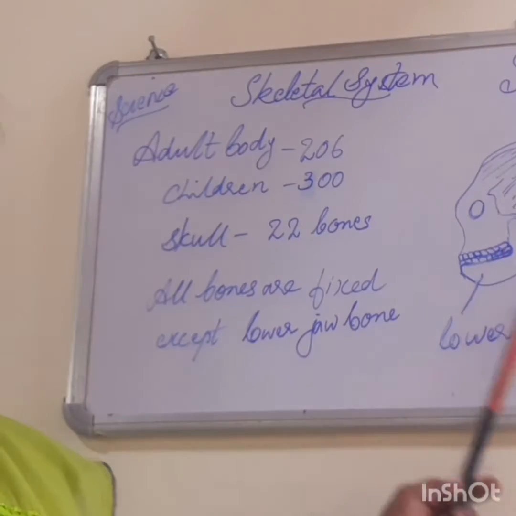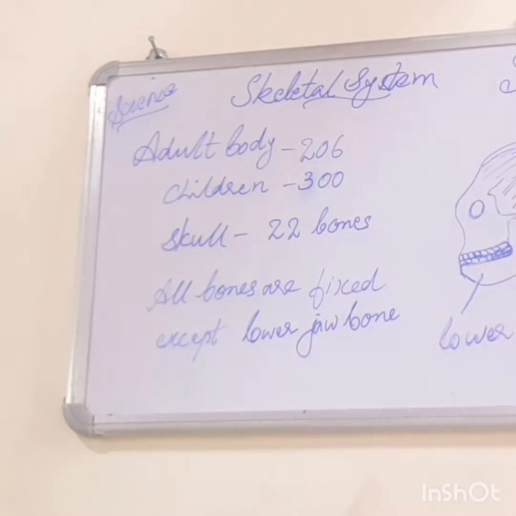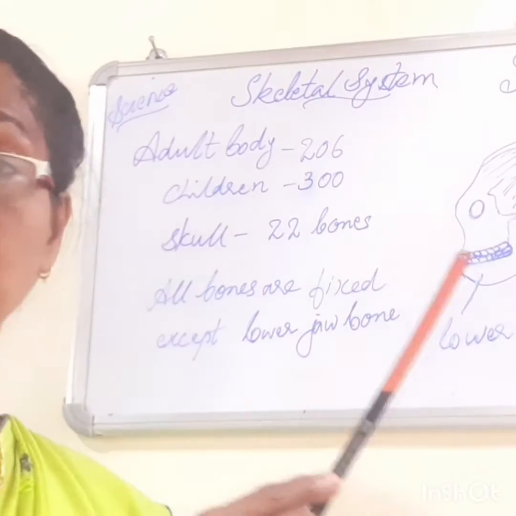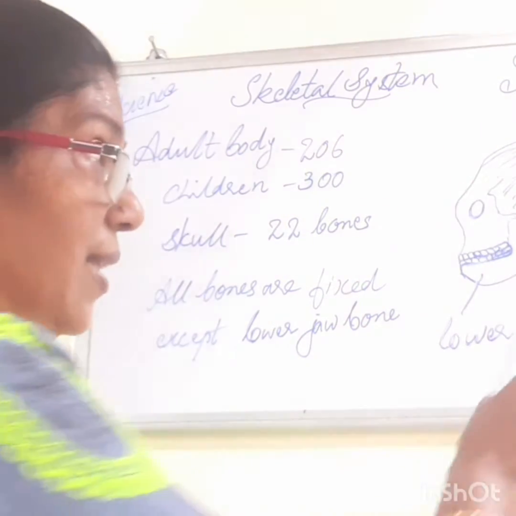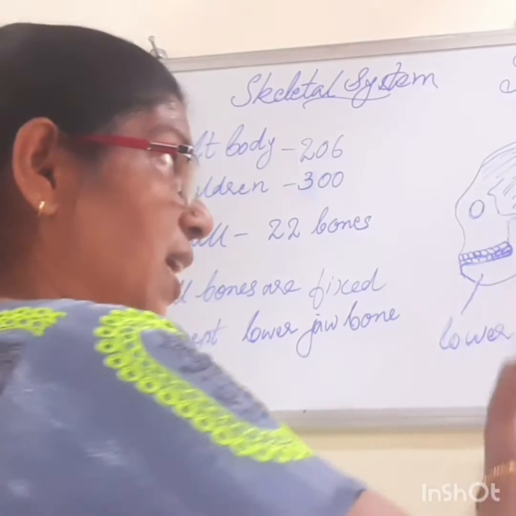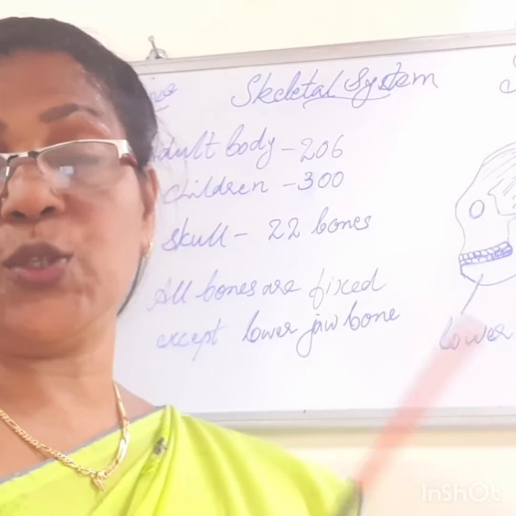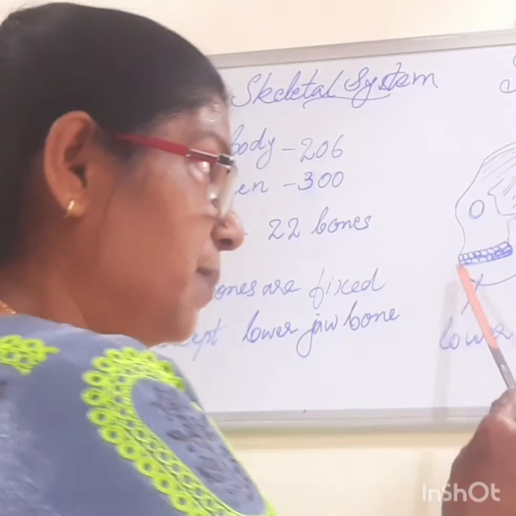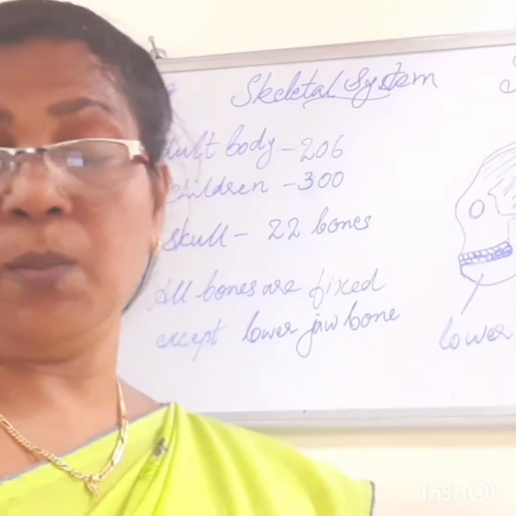This is the picture of a skull. There are 22 bones in the skull, and all the bones in the skull are fixed together to become a single bone except the lower jaw bone.